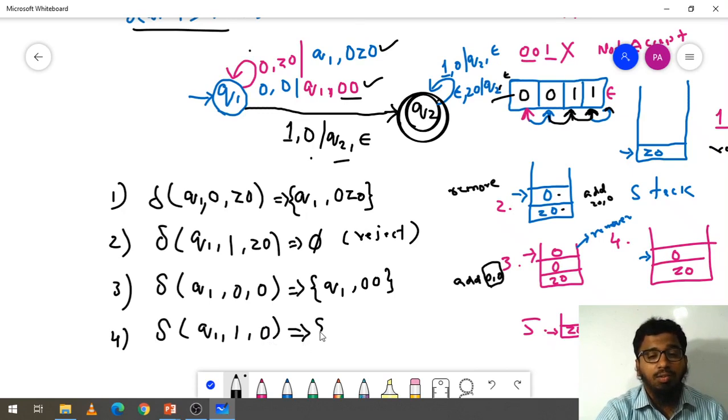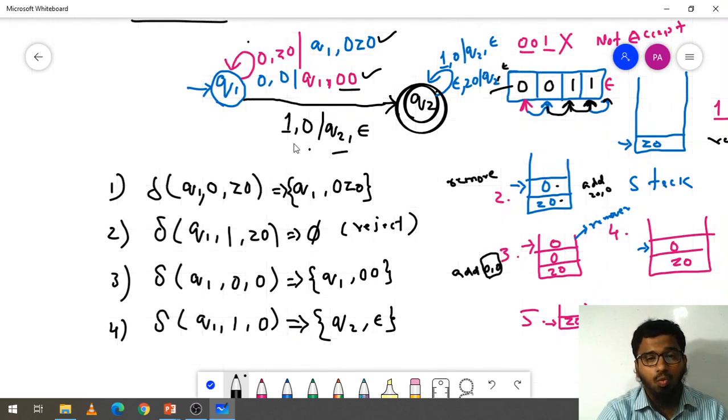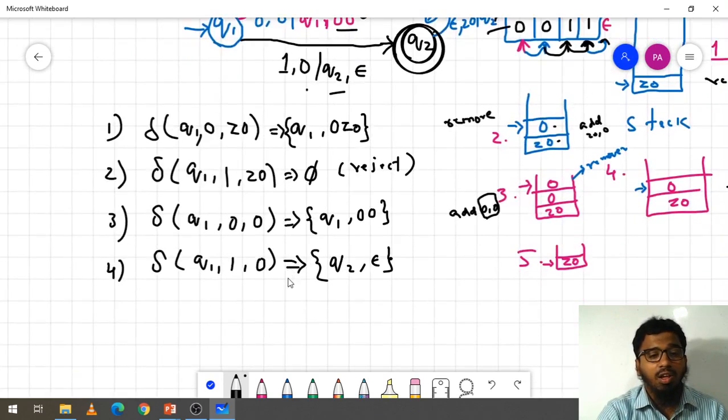So that is going to q2 epsilon. When we pop 0 from there, we will get epsilon.